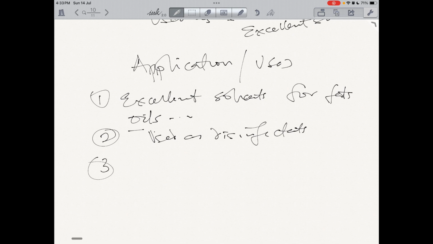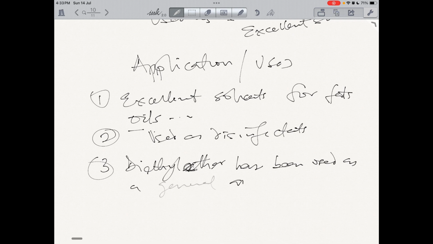Some specific ones, for example, diethyl ether has been used as a general anesthesia during surgery.